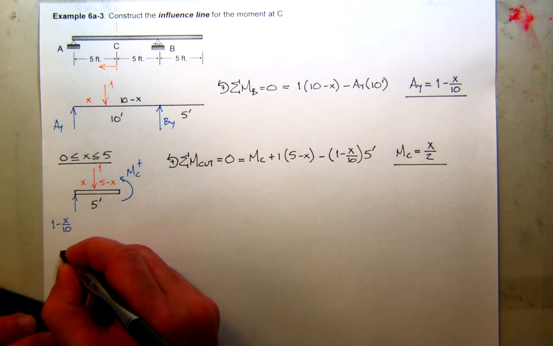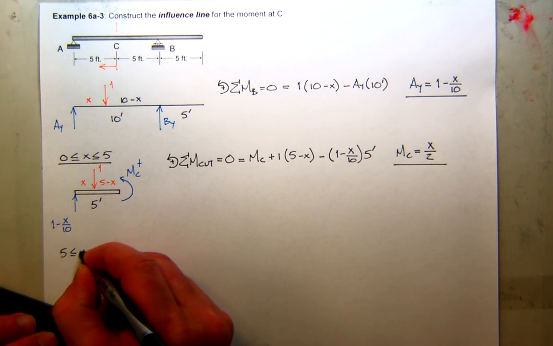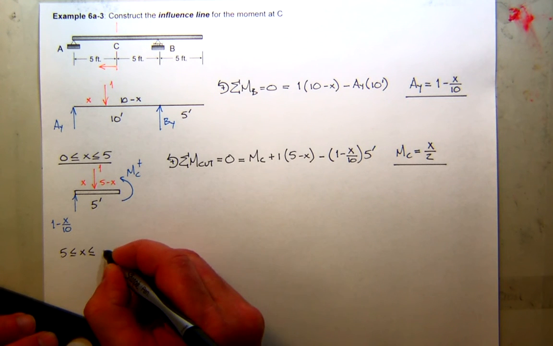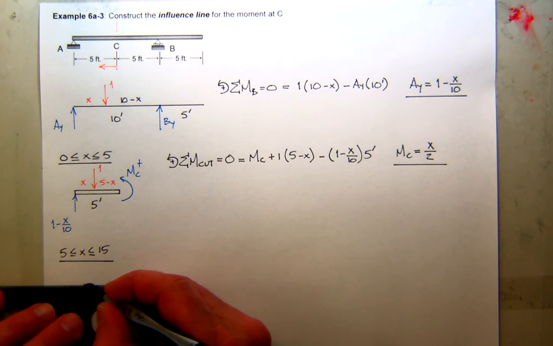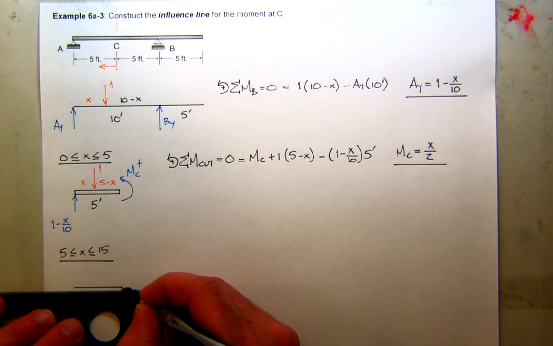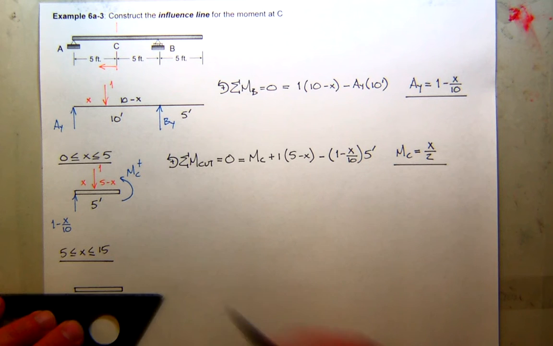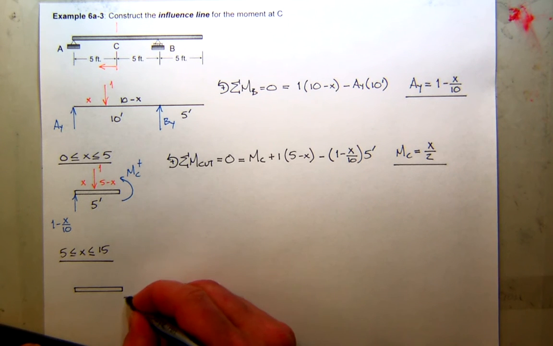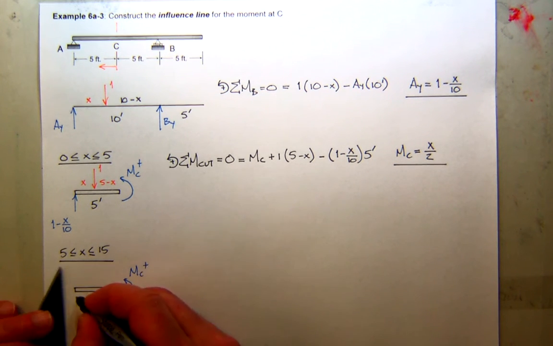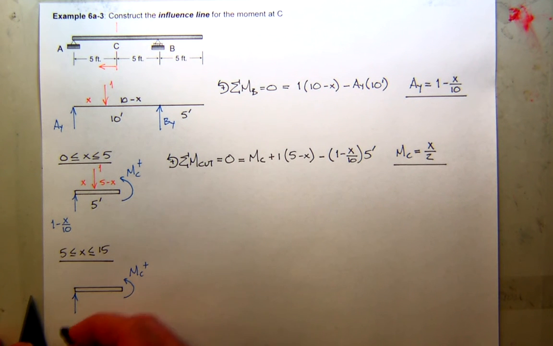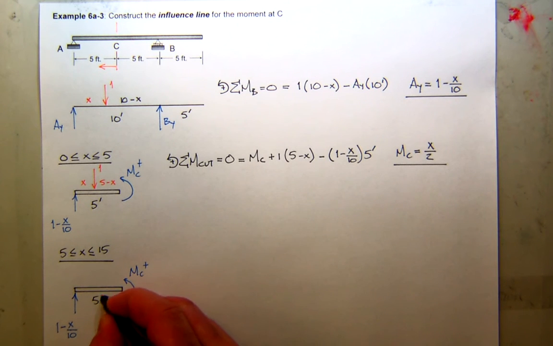So what about from 5 to 15? Well, I can use the same free body diagram as we did before. I have the same internal moment at C. I have the same reaction at A. It's the same length, 5.